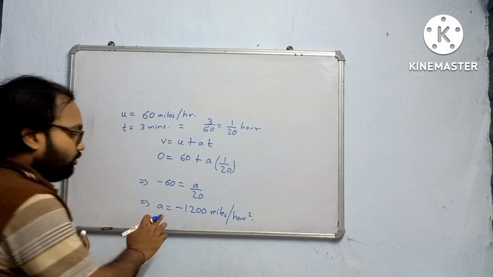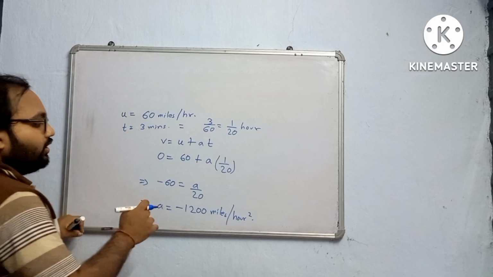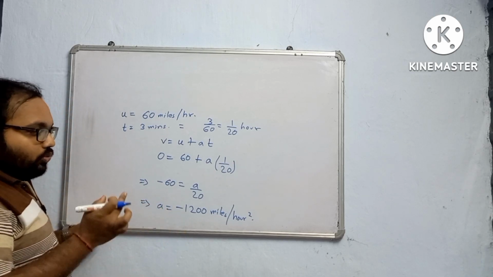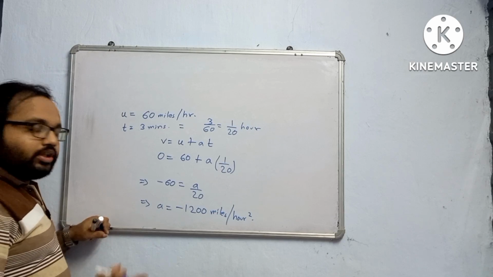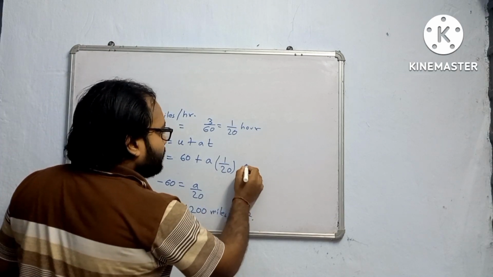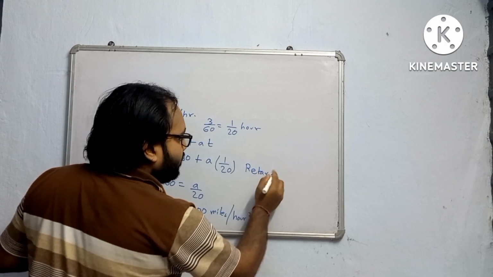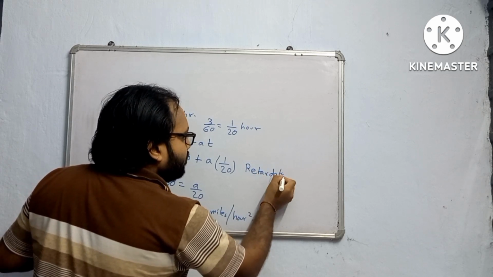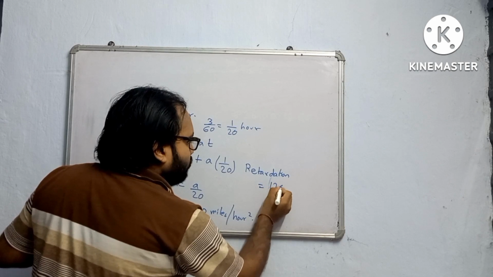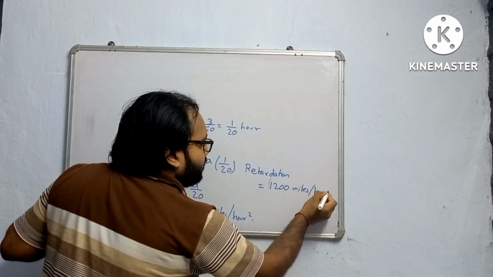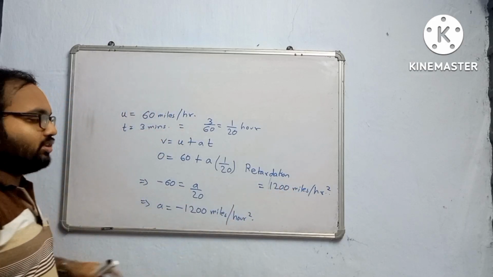And one more thing, it is acceleration, we have to find retardation. So if in the option retardation is given as minus 1200 miles per hour square, that will be a wrong answer. The option will be where retardation is asked. Retardation is equal to 1200 miles per hour square. This will be your answer.